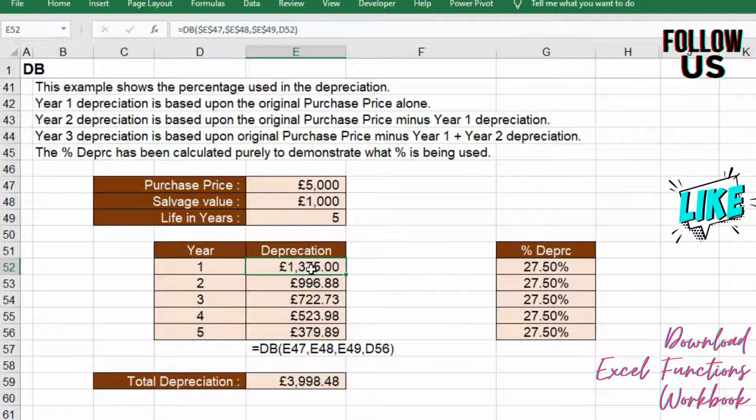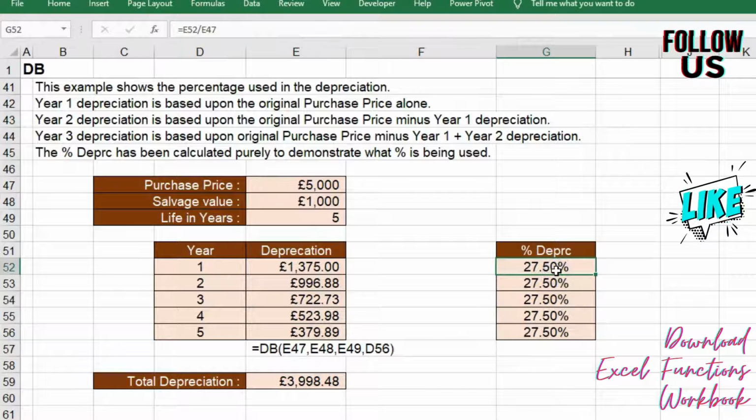So if I use the dB formula here, considering E47 as my purchase price, E48 as the salvage value, E49 as the life, then the year, I will have this value for year 1, this for year 2, year 3, year 4, and year 5.